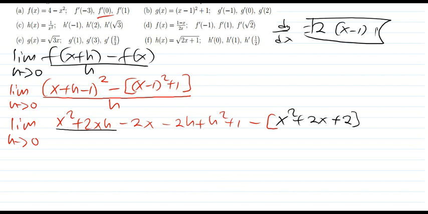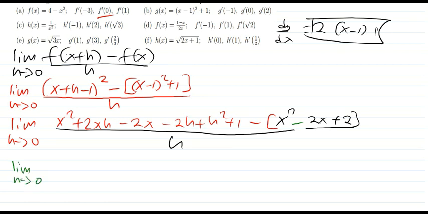I divide everything by h. I want to distribute the negative there, so I'm going to have this one has to be negative, this part here, because it was negative x minus x, so it's negative. So I'll have limit h is approaching 0, x squared plus 2xh minus 2x minus 2h plus h squared plus 1.